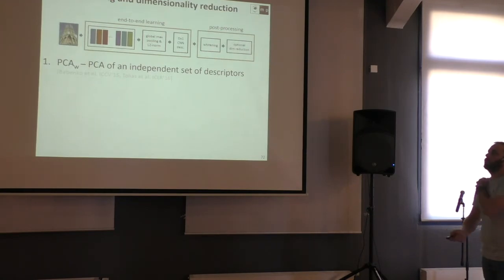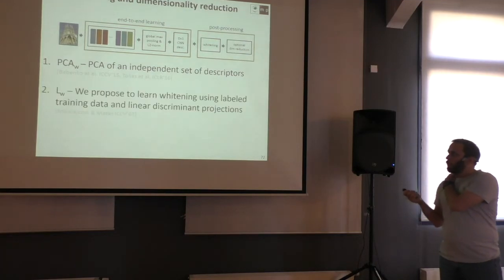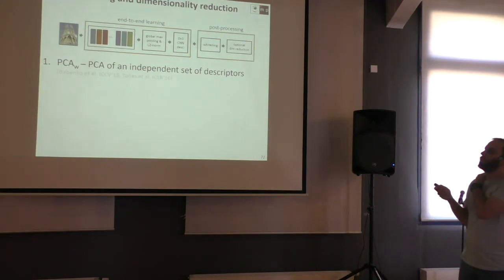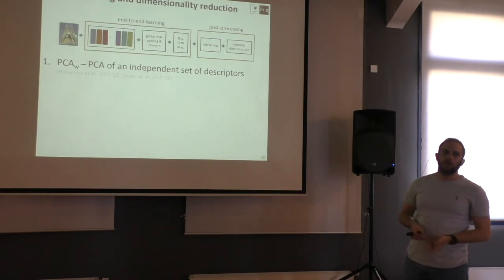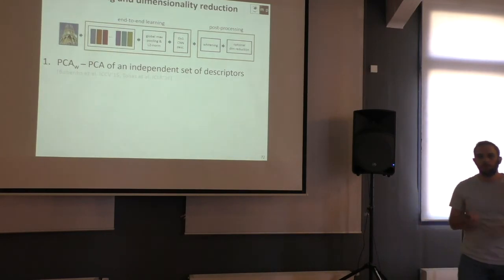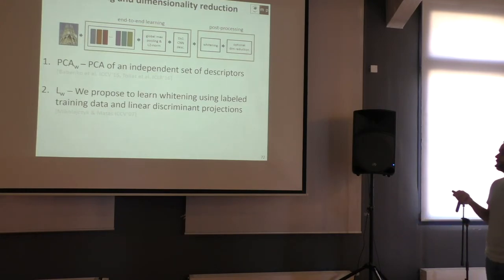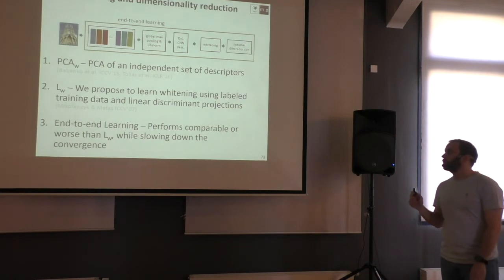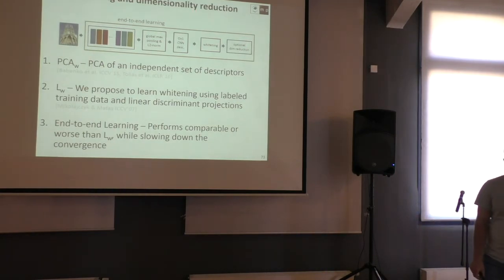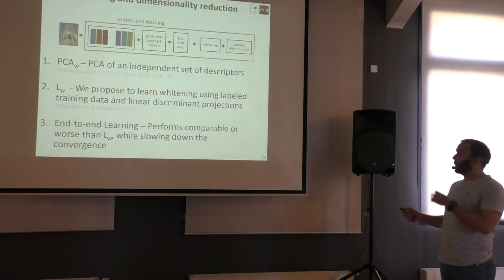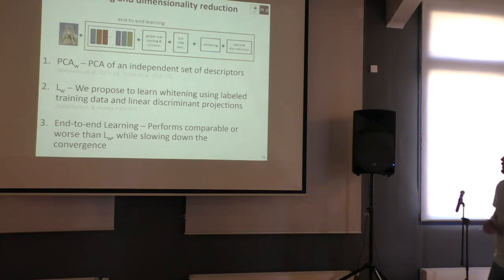The whitening can be learned as a post-processing stage using PCA. PCA is unsupervised, you just need an independent set of descriptors and you can learn it without any labels. Because we have labels, we propose to use linear discriminant projections to learn this, and we also tried learning it end-to-end. The whitening layer can be added just as a fully connected layer that will do the transformation, and optionally it can do dimensionality reduction.